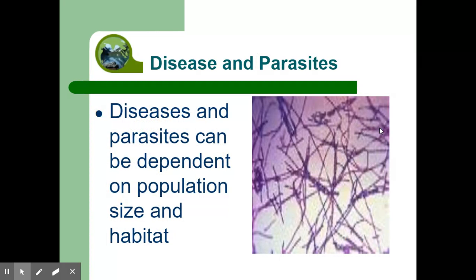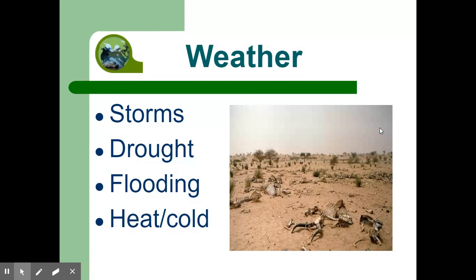Diseases and parasites. This is another limiting factor that we were talking about. Diseases and parasites can be dependent on a population size and habitat. So they can really take down the population. Also weather. We talked about droughts. There's also storms, like really heavy storms like hurricanes, and then flooding. Let's say, I know we're on the mouse train, but if we have a bunch of mice living in this area and we have a flood, mice can't really swim.